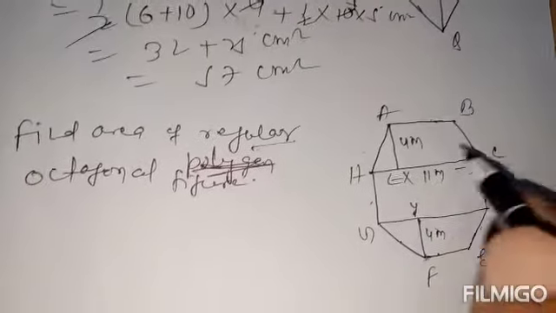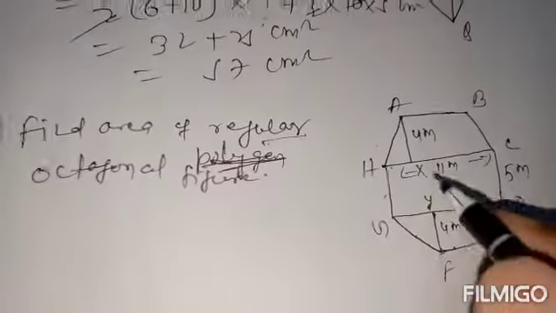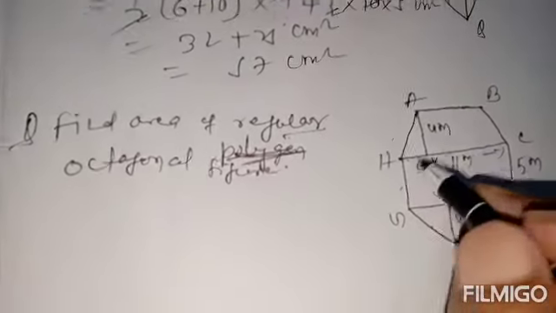Here this octagon is divided into 3 parts. This part is a trapezium, this is a rectangle, and this is also a trapezium.